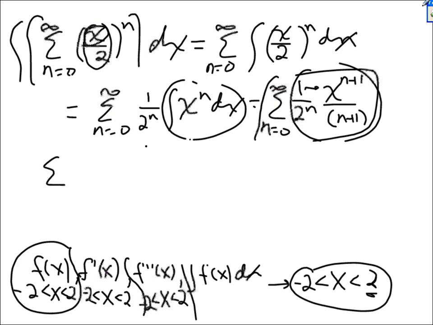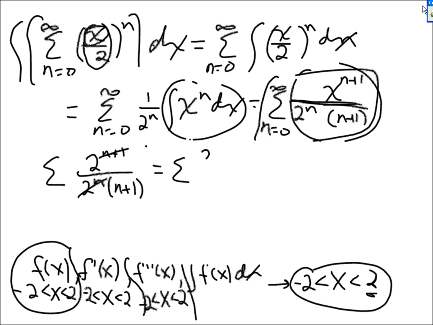So we get the summation of 2 to the n plus 1, and I can make this division line one straight line right here. And 1 times x to the n plus 1 is x to the n plus 1 over 2 to the n. Well, the 2 to the n goes into 2 to the n plus 1 2 times. So now you have the summation of 2 over n plus 1.